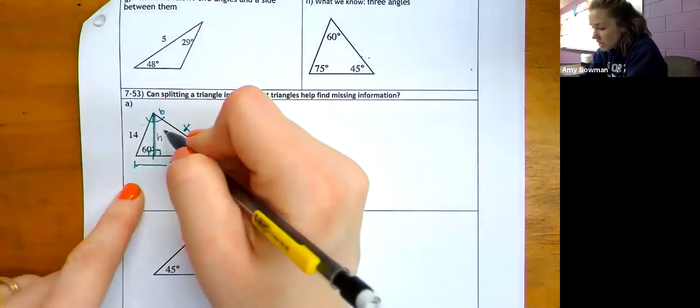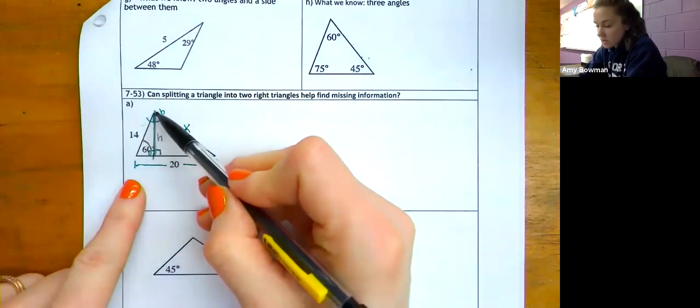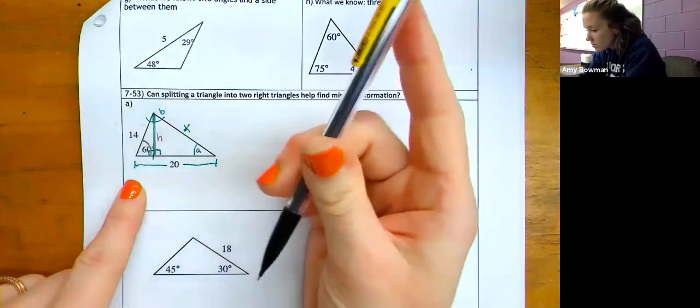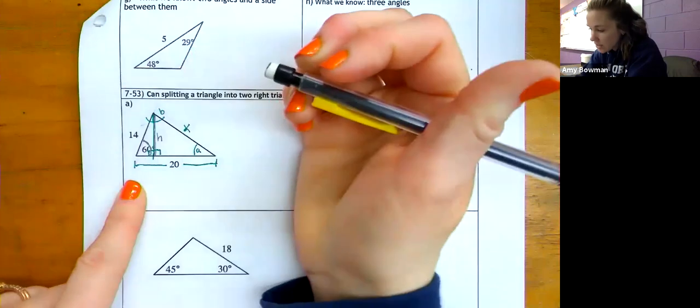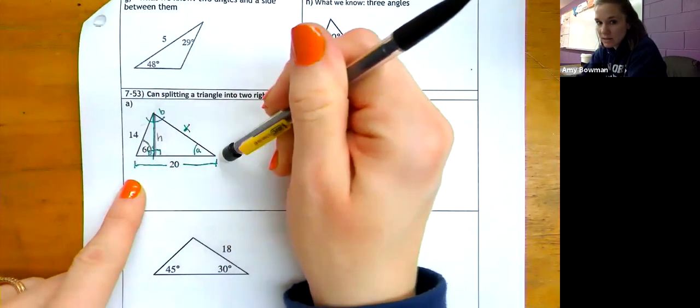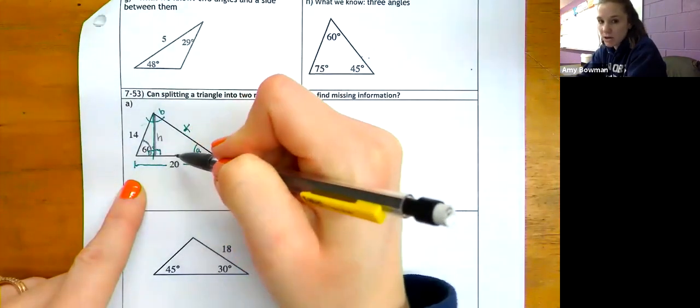So H right here. Now, remember I have this 60-degree angle, this 14 on this side. I put H for height. I just don't want to get that confused with hypotenuse, which is what X is here. So just keep in mind this H stands for height of this triangle, not hypotenuse.